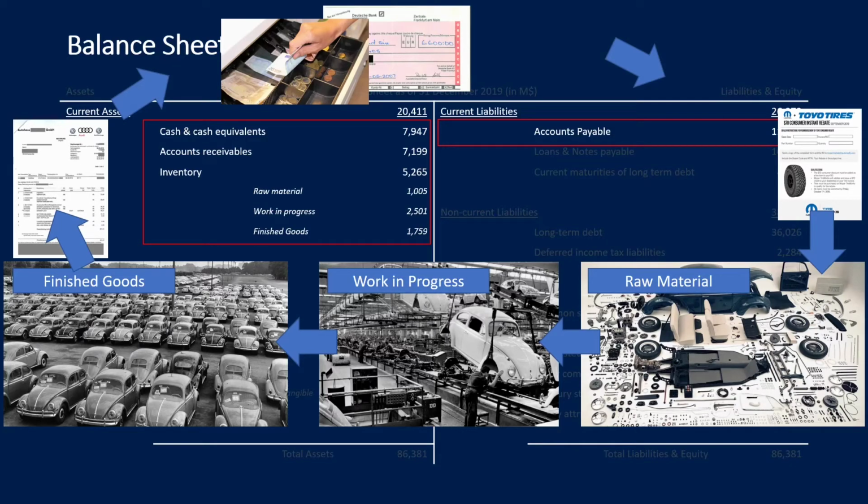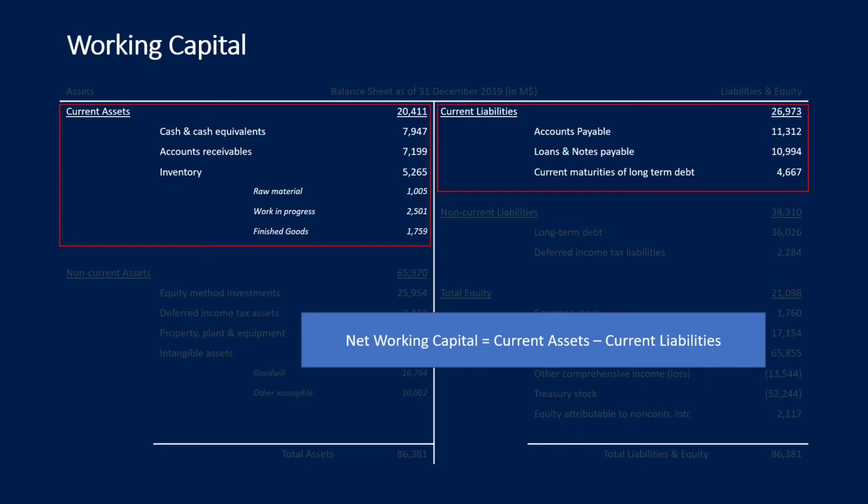What we see here is a circle of money and material flowing through our company. All these things are short-term because they are meant to stay in the company for a very short term. And all this is working. All these are processes that are working day long. So we call this working capital.